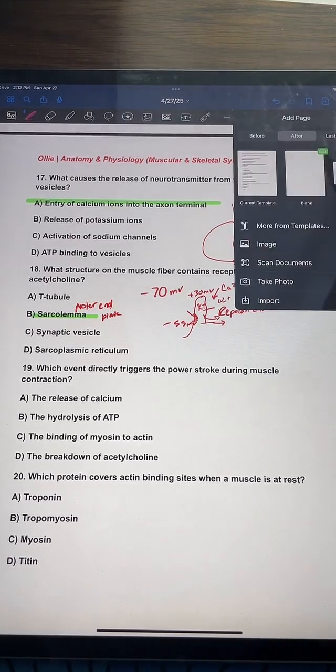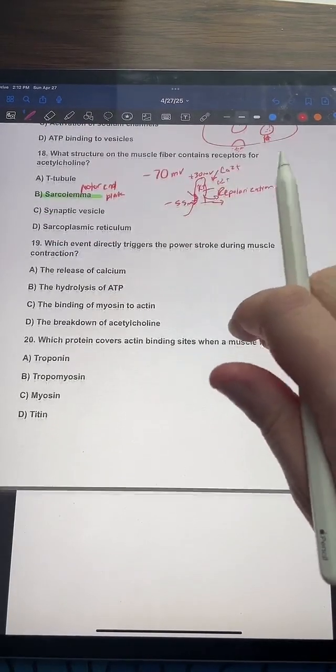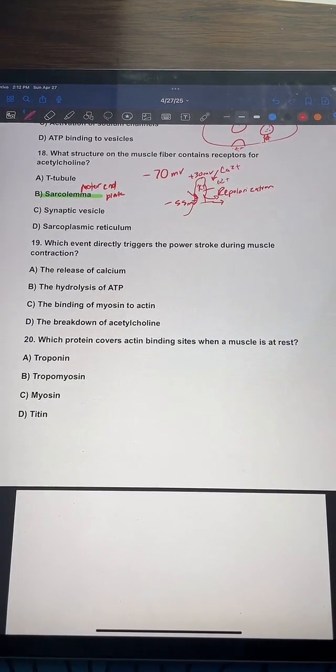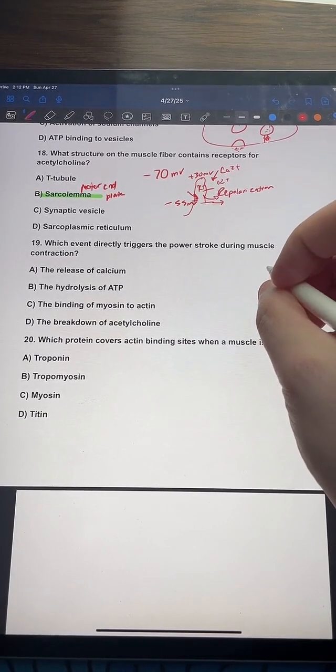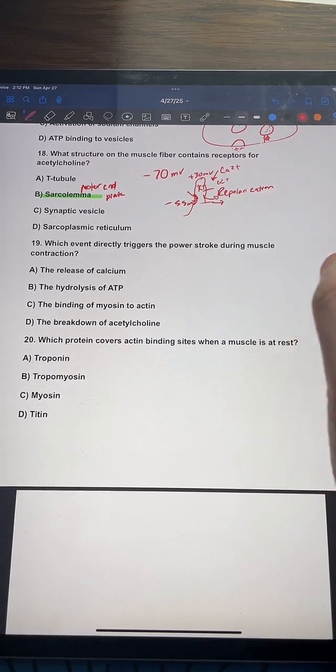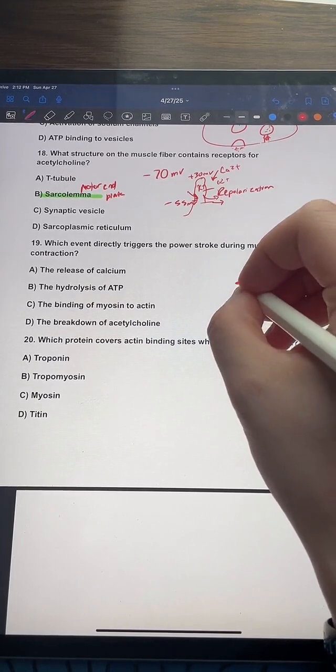Alrighty. Number 19. What event directly triggers the power stroke during muscle contraction? So the power stroke is basically the stroke, think of like a rowboat, the stroke towards the middle.